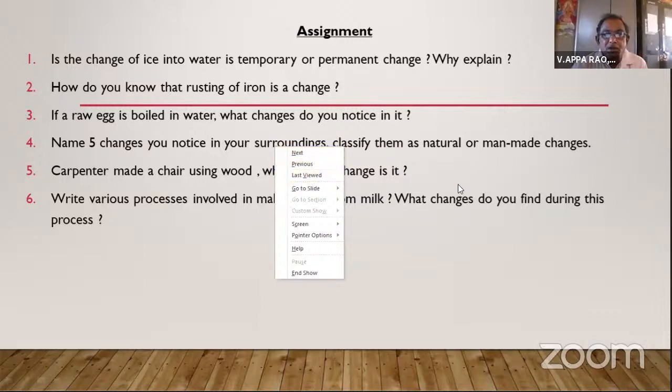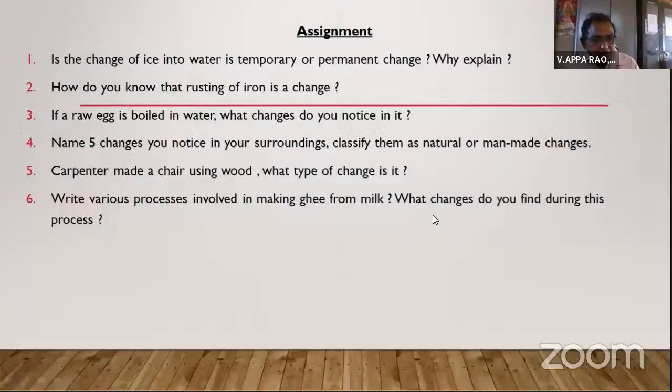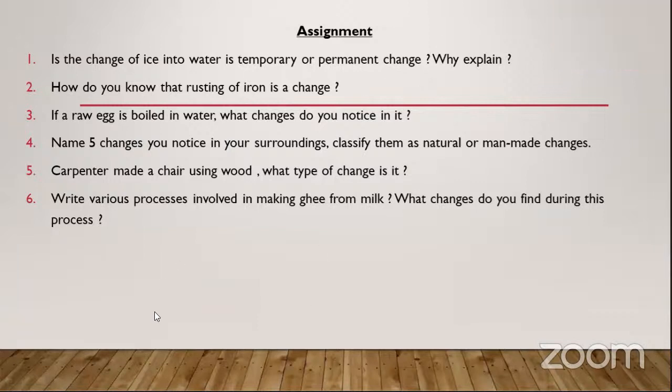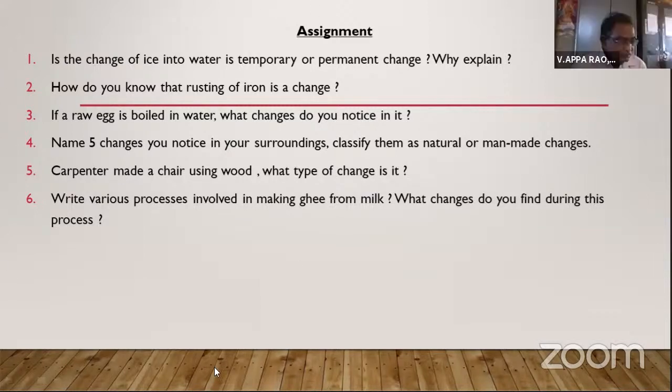Next, rusting of iron is a natural change and a permanent change.